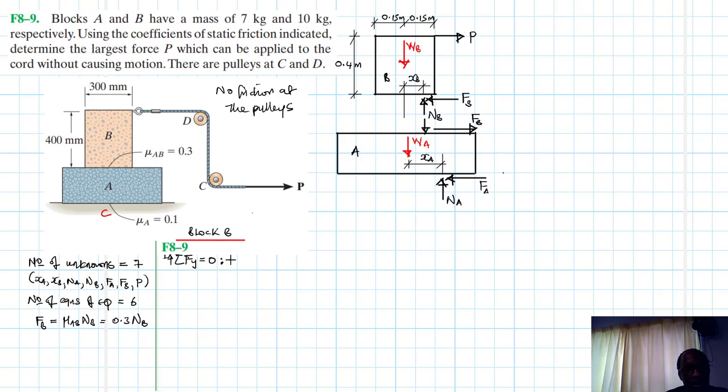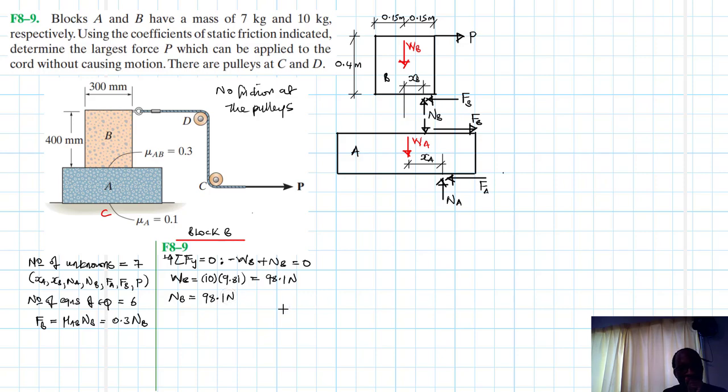Summation of forces in the y, we have minus WB plus NB equal to 0. And we know that WB is just going to be equal to mg, 10 by 9.81, which is equal to 98.1 newtons. Therefore, NB is just going to be equal to 98.1 newtons.